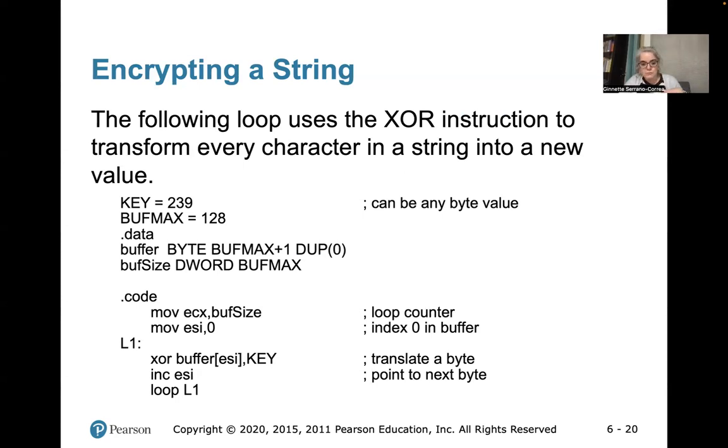Everything else gives you true. So it's using the exclusive OR to transform every character. Run this, take a look at it, see if you can understand this code.